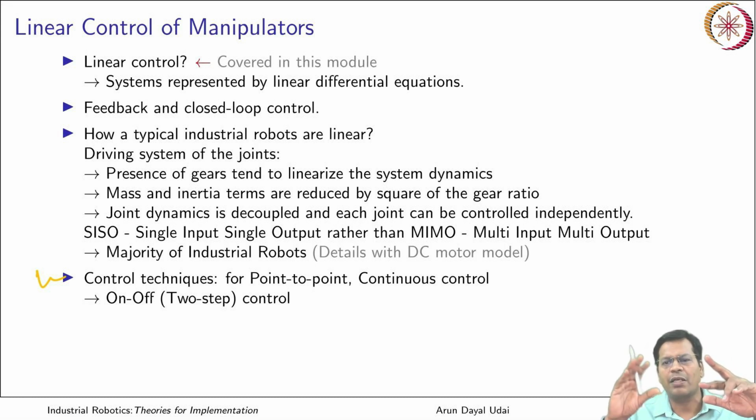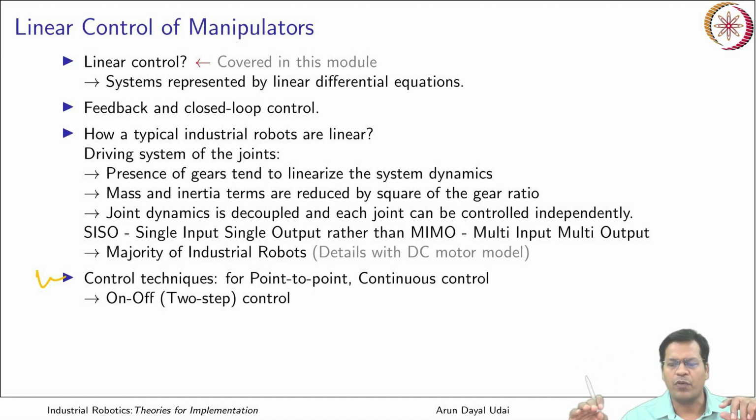By the time it reaches some speed, you switch it off. It gradually starts reducing its speed due to friction, air drag and all. If it comes down significantly below a certain value, again switch it on. You can keep switching on and off, and you can make that fan rotate within a certain range. So that is one way of controlling it.